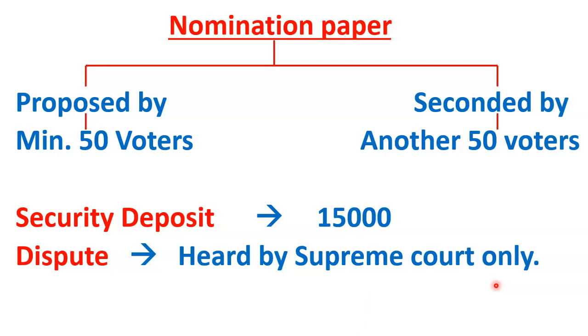Now friends, suppose there is a dispute regarding the election of the president and the Supreme Court hears that case, and after hearing it, gives the decision that the elections are invalid. Maybe there was some kind of cheating in the election, or some other ground. Finally, the Supreme Court has declared that the elections are invalid.